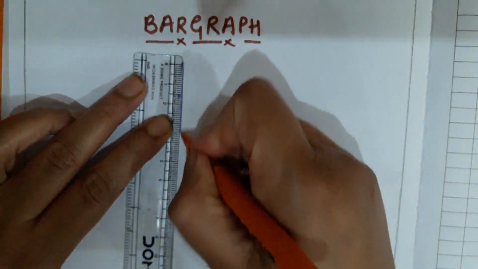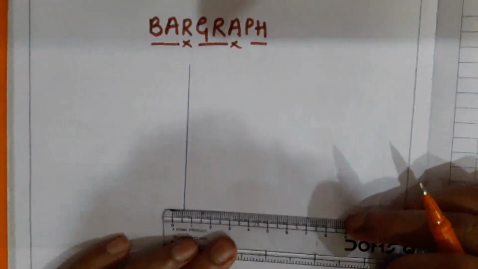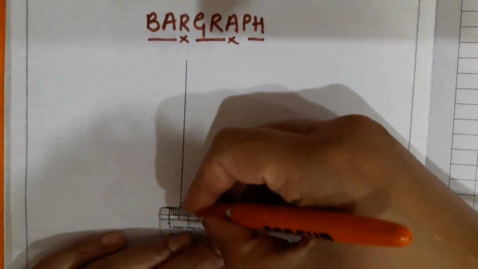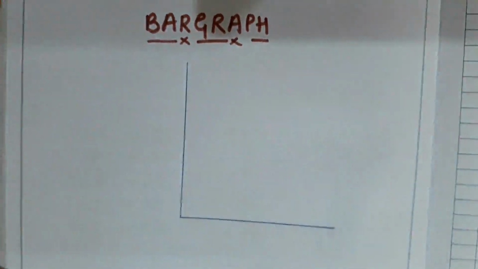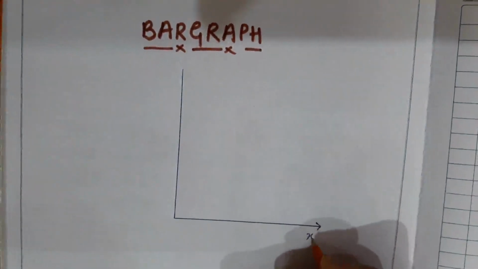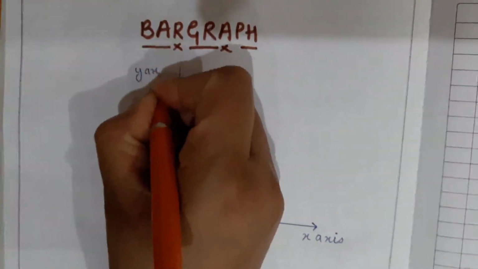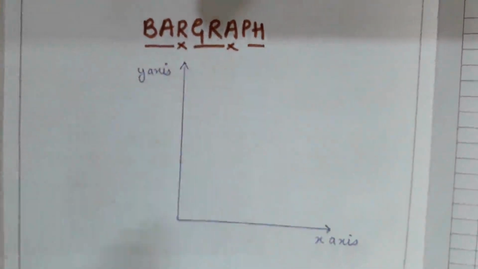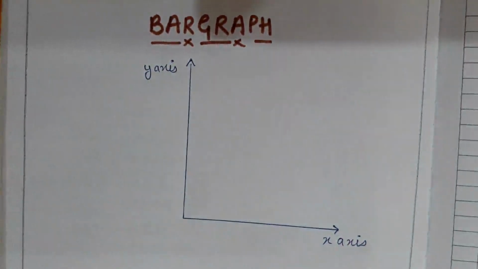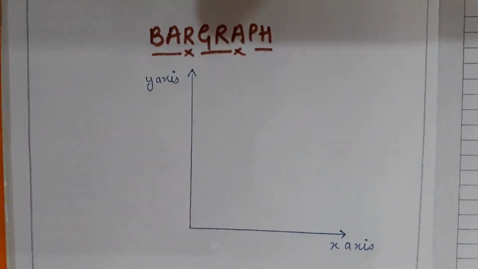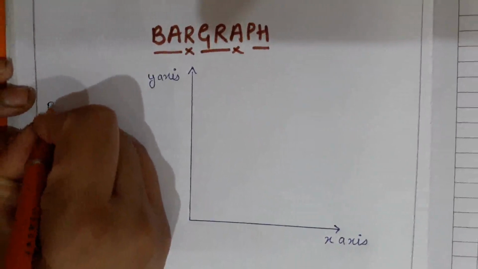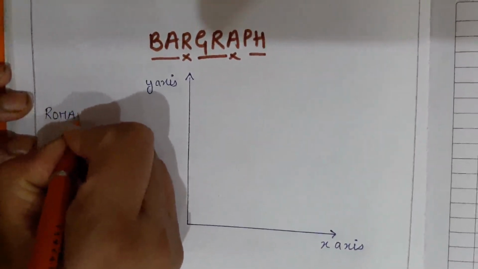For that you have to draw the x-axis and y-axis with the help of a scale. So this will be your x-axis, this will be your y-axis. Now what kind of data are we having? Let's see first of all. A student's name is Rohan.